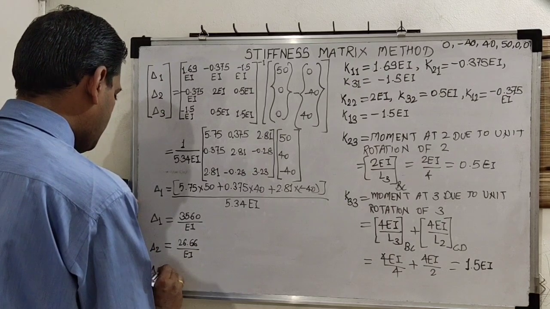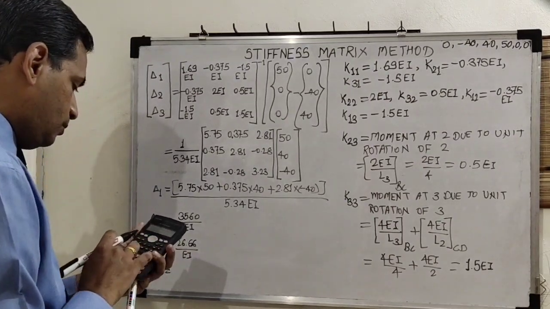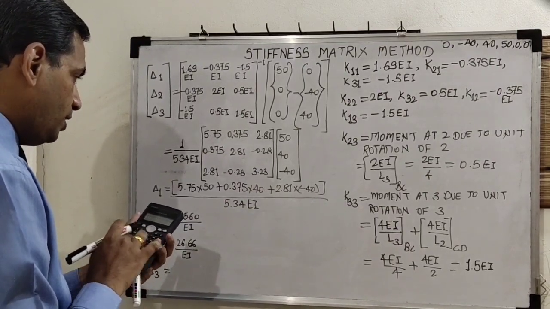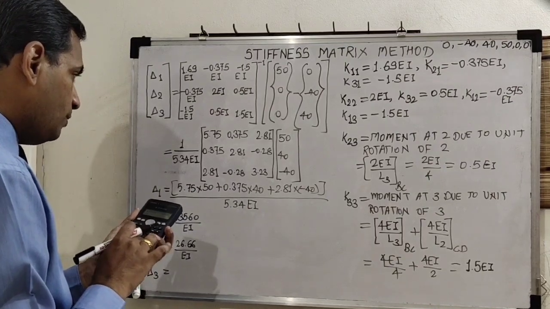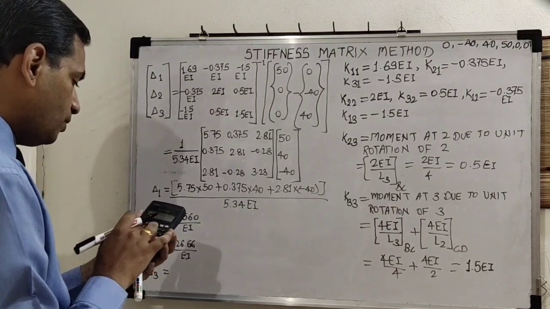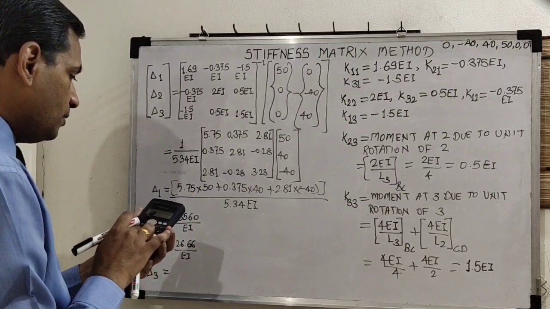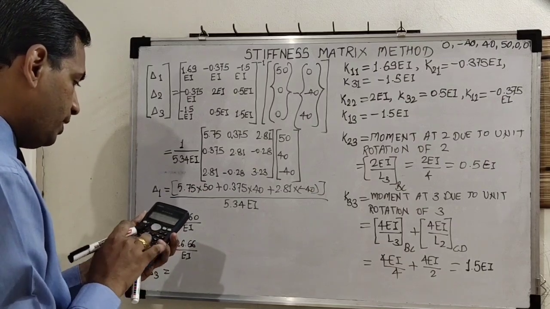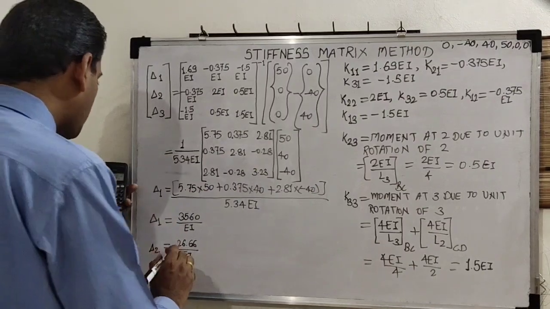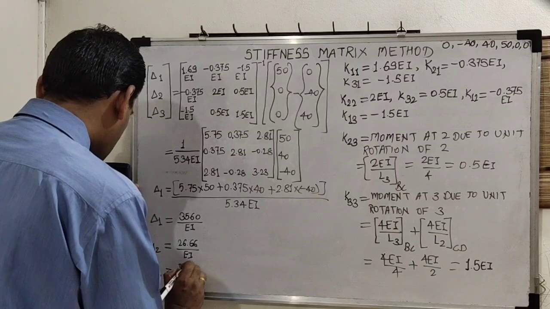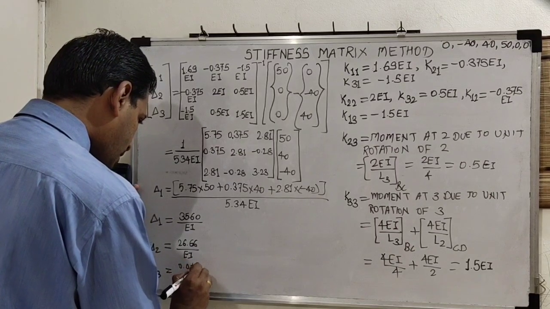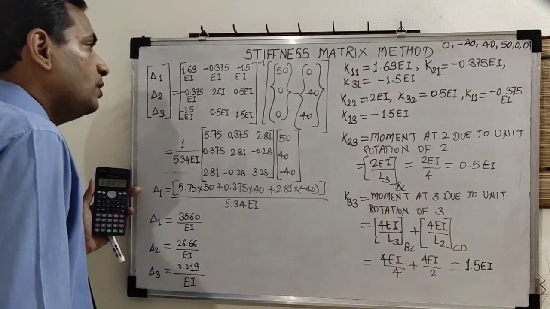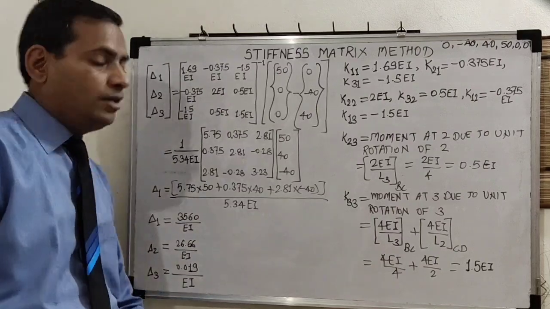And delta 3: 2.81 into 50 minus 0.28 into 40 plus 3.23 into minus 40, divided by 5.34. So it is 0.018, or we should say 0.019 upon EI. Yes, so the major task is over.